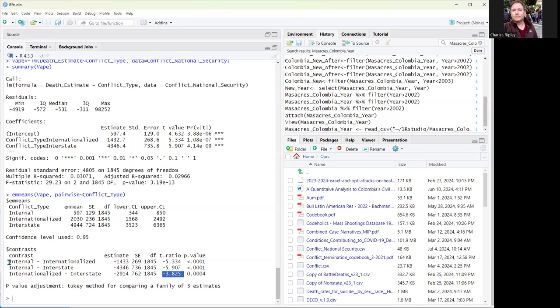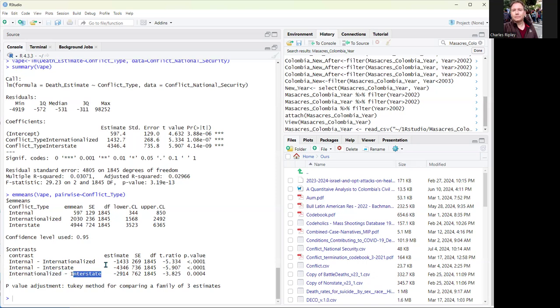So it's basically saying internal versus internationalized, this has more deaths because internal is negative and it's statistically significant. Interstate and internal is statistically significant because interstate obviously has more than internal because that's negative. And then internationalized versus interstate, that's negative reflecting this.